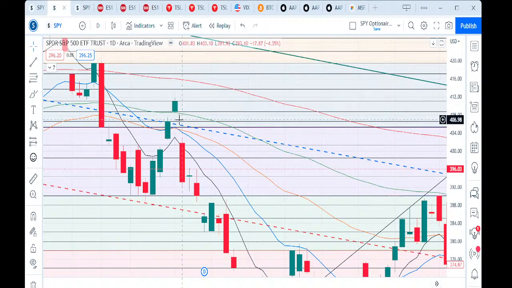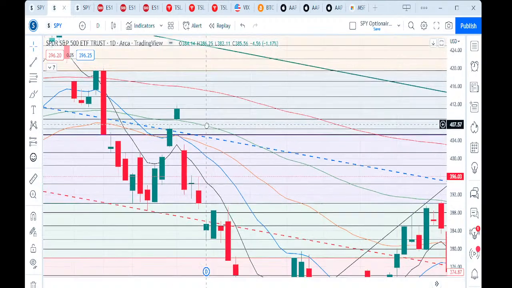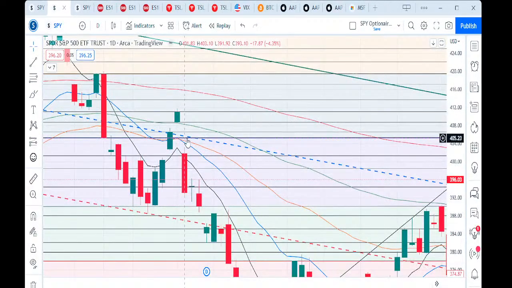On this day, what I was looking for was, are we going to break through 405.2, or are we going to push up and touch 419.5? While I don't know which way we're going to go, what I'm looking for on huge event days are major support areas. Okay, we broke through 405.3, so now we're going to be pushing down. The next thing I'm looking for is, we're going to go back down to 390 then. That's kind of what I do on the big event days.